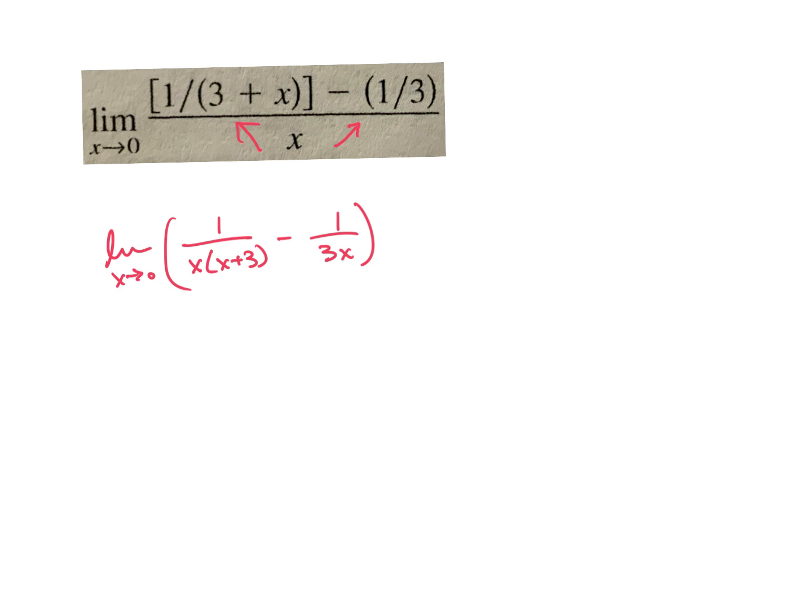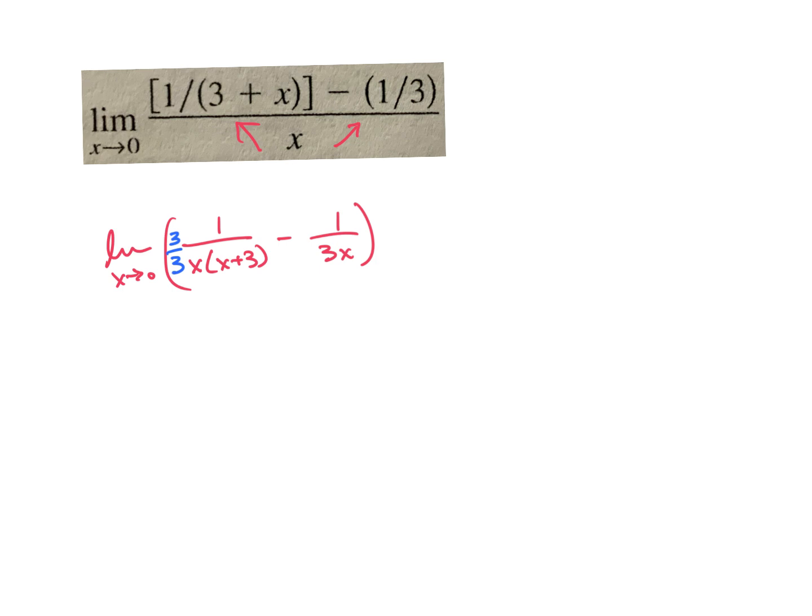And how do we add or subtract fractions? What do we have to have? We need common denominators. So what does the left one need? What does this one need then? It already has an x, so it just needs a 3. So I'm going to multiply this one by 3 over 3.